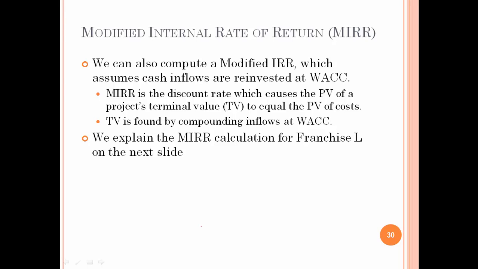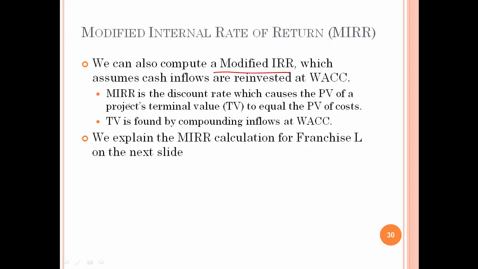Remember, we just mentioned that IRR is based on the assumption that cash flows are reinvested at IRR, which sometimes is not that realistic. So we can modify this IRR and calculate a modified IRR, which assumes that cash flows are reinvested at WACC.